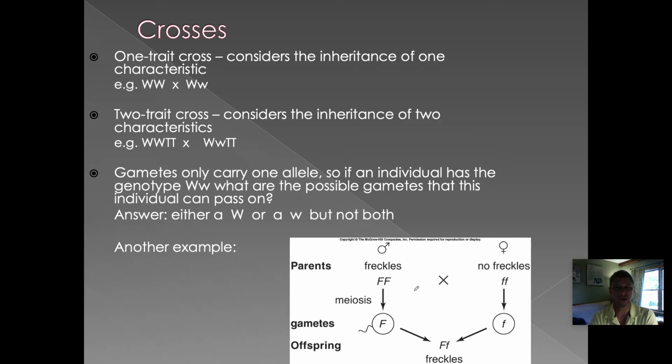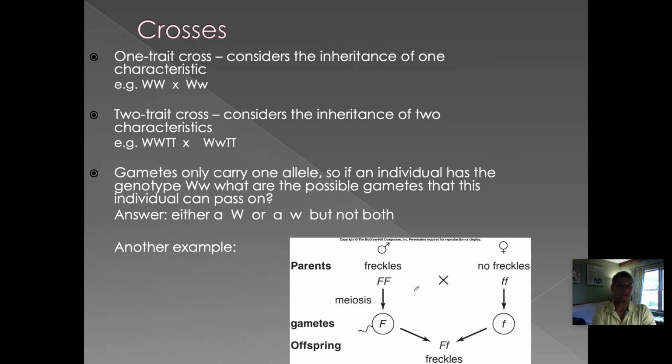And so sometimes we have to consider two trait crosses. A one trait cross considers the inheritance of only one characteristic. A two-trait cross considers the inheritance of two characteristics. And you can do this with 3 and 4 and 6 and 8 and so on. Especially with computer driven technology these days, we can do a variety of different mathematical calculations.